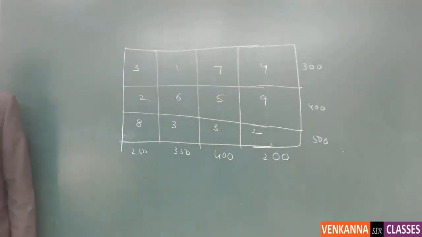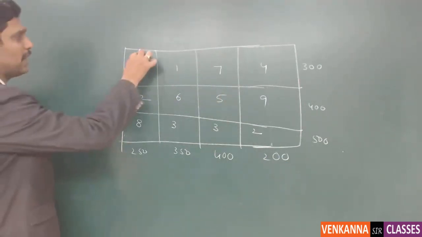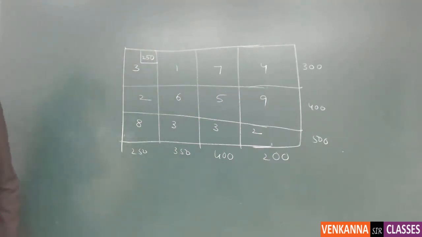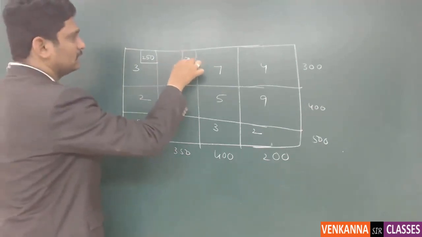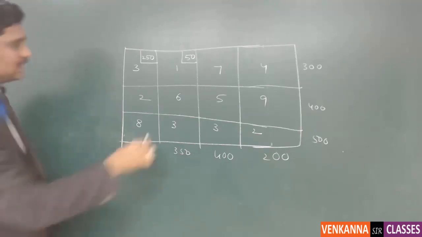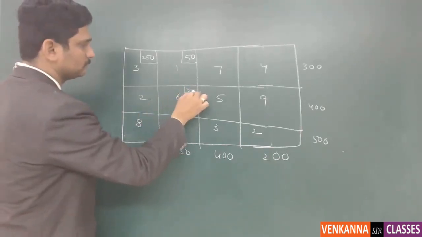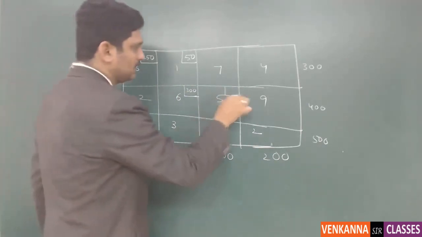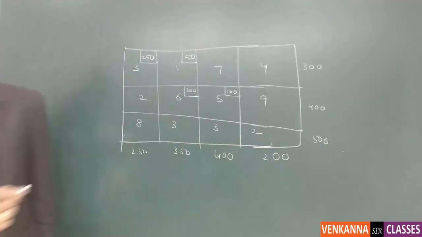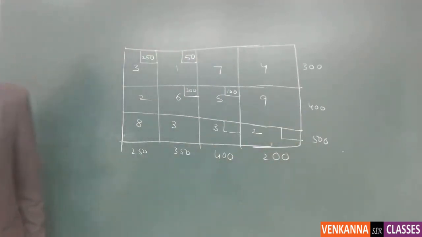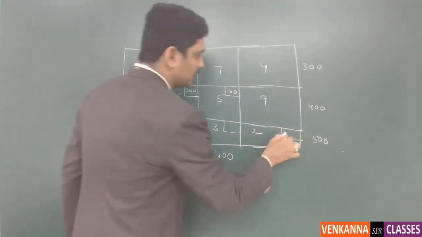And coming to the allocations, for the cost 3 you have allocated 250, and for 1 you have allocated 50. In the second row, for 6 you have allocated 300, and for 5 you have allocated 100. In the third row, for 3 you have allocated 300, and for 2 you have allocated 200.